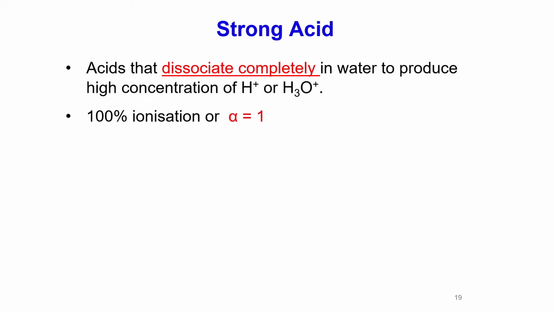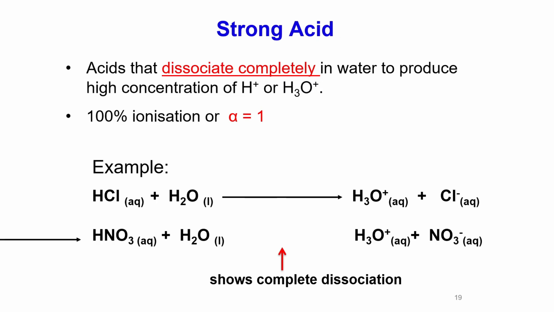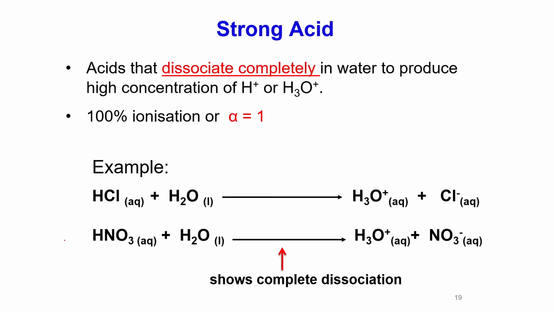So it is 100% ionized, or alpha is equal to 1, and the example is HCl in water. HCl is a strong acid. Okay, so the non-reversible arrow, okay, arrow yang tidak berbalik ini menunjukkan it is a complete dissociation. So kalau dia complete dissociation, meaning that it is 100% dissociated. Kalau dia 100% dissociate, it is a strong acid.